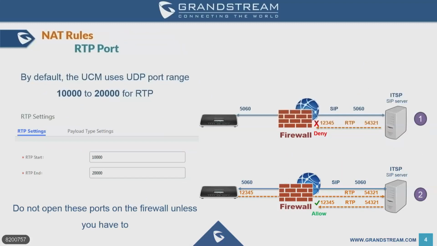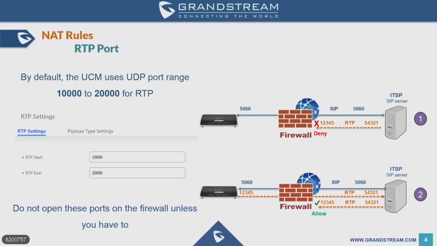In the previous slide, I mentioned that you should have the ports used by the UCM open on the firewall. By default, the UCM uses port 5060 for SIP, 8089 for HTTPS, and it also uses the UDP port range 10,000 to 20,000 for RTP.